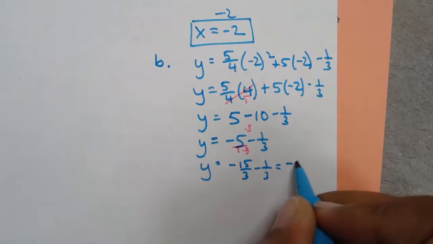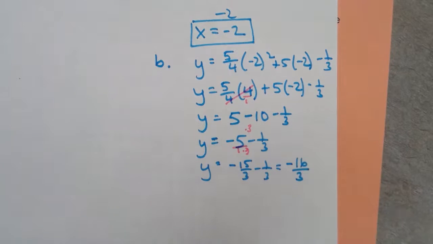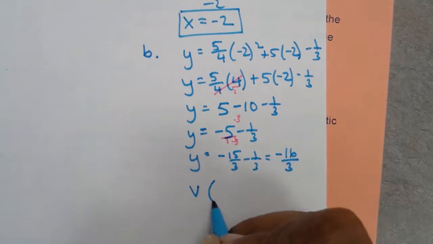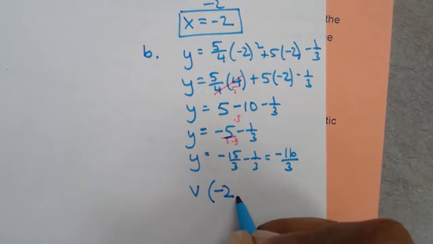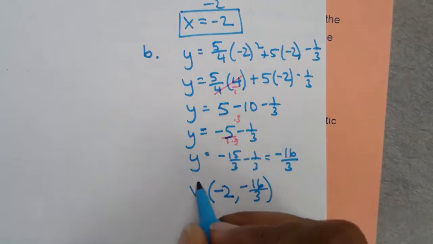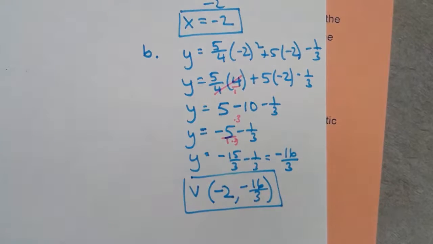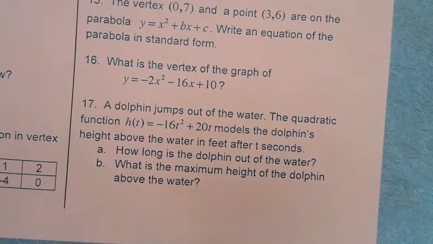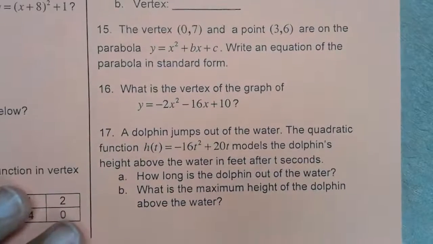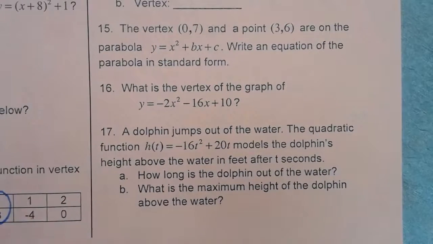So that's going to give me -16 over 3. And I cannot reduce 16 over 3. So I have my y value. So my vertex is -2, which is my x value, comma, my y value, -16 over 3.